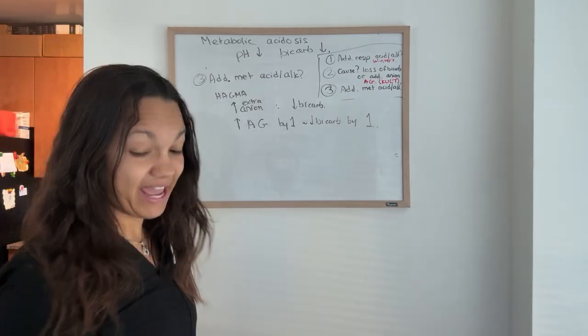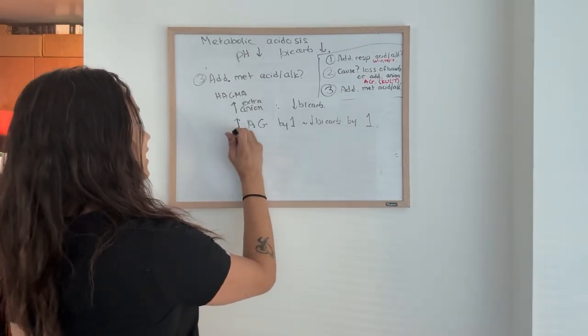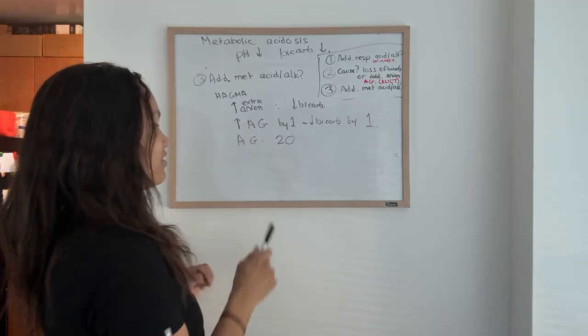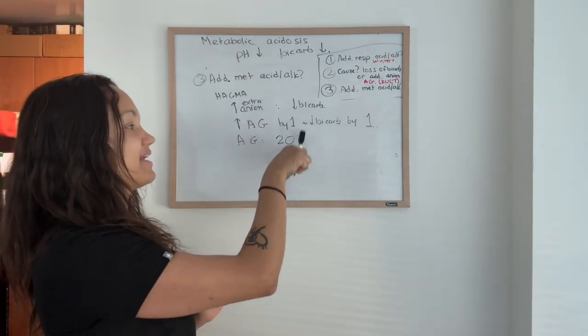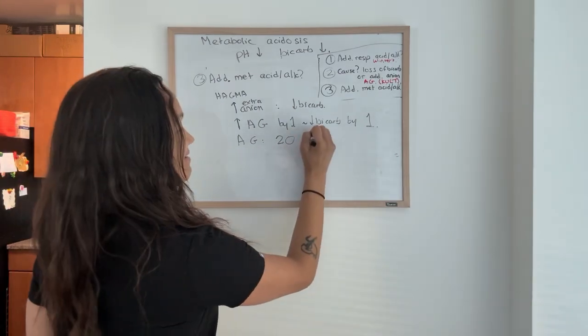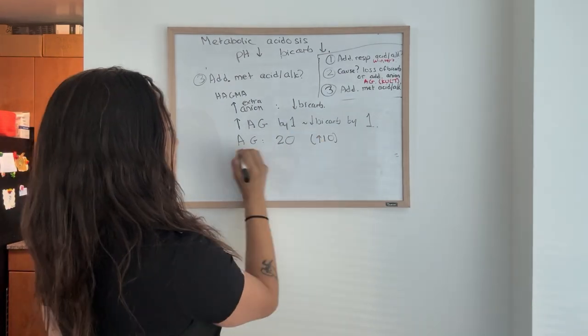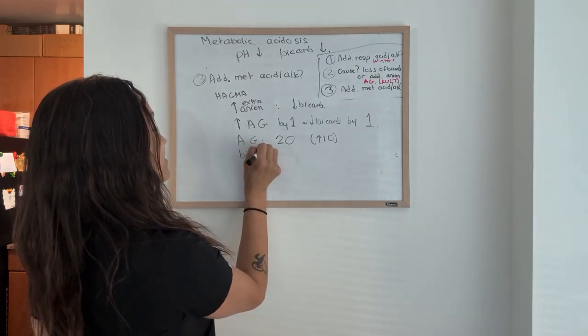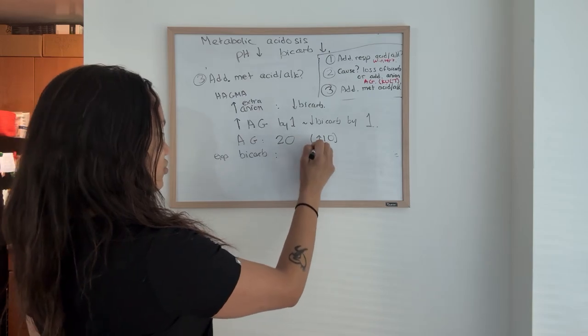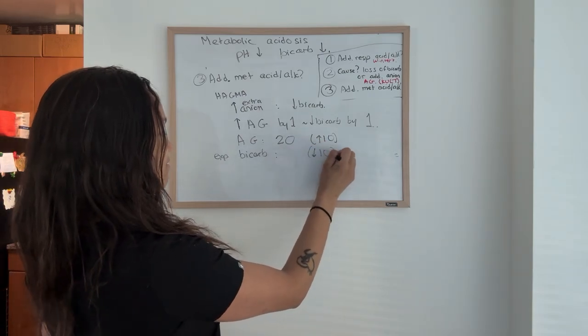Suppose I measure my anion gap. I calculate it, and I get an anion gap of 20. So my anion gap went up by 10. I have added an additional 10 anions. So that means my expected bicarb should also go down by 10.